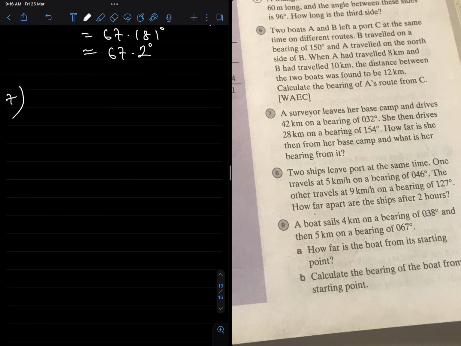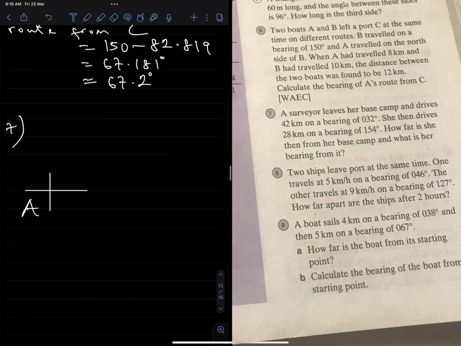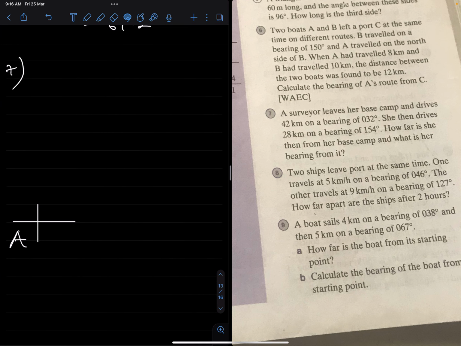So we're finding the distance of her final position from where she started and the bearing of her final position from where she started. Let this be her base camp, let me call it A. She traveled on a bearing of 032 degrees, a distance of 42 kilometers away.